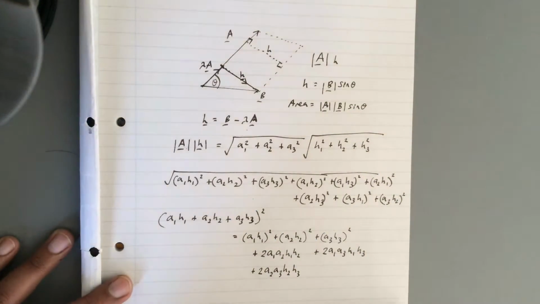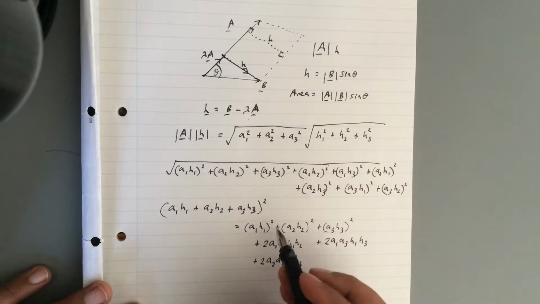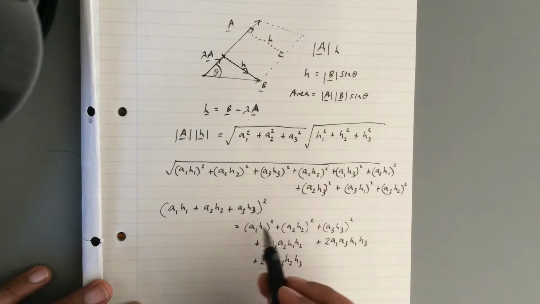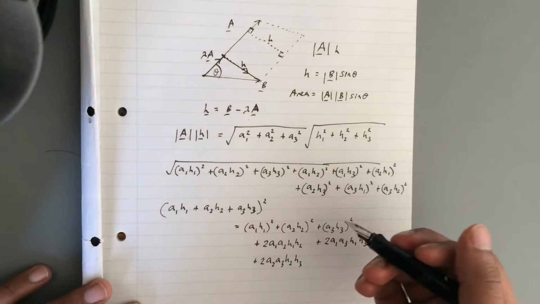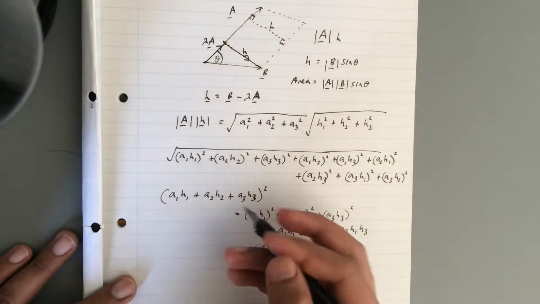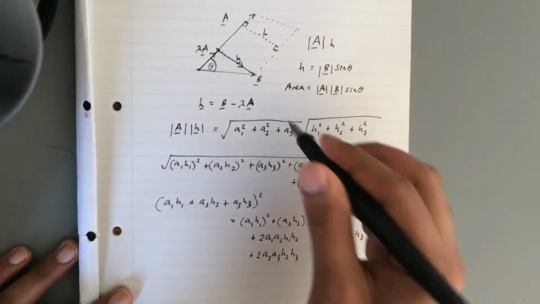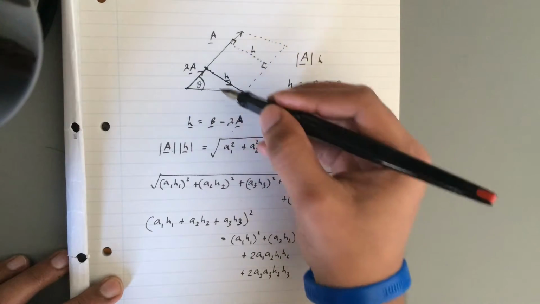So that's very nice. What we want to do is substitute for this in terms of that and that. But why? The answer is that we know that H and A are perpendicular.